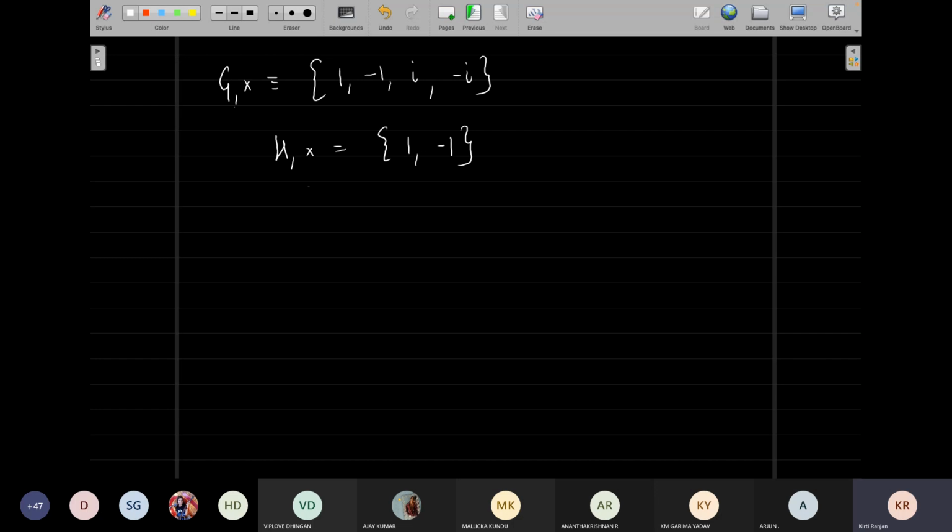This cross which I am writing is of course the multiplication of complex numbers. Now tell me whether all the elements are going to obey this in this particular subgroup. What are the elements which are left besides 1 and minus 1? i and minus i. So can you tell me iH is the same as Hi, or minus iH is the same as minus Hi?